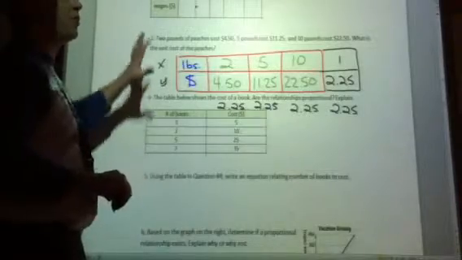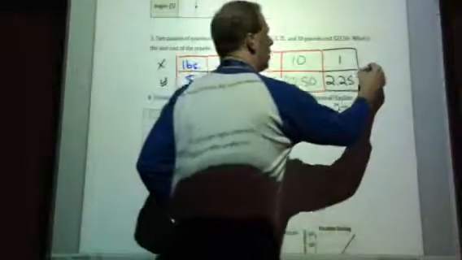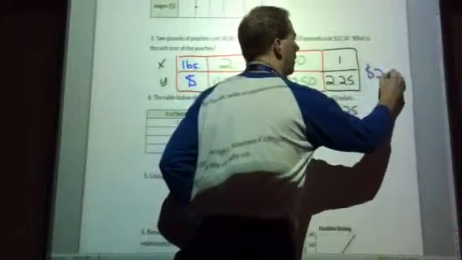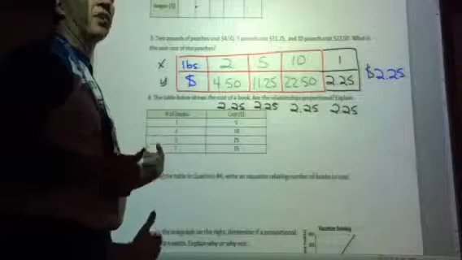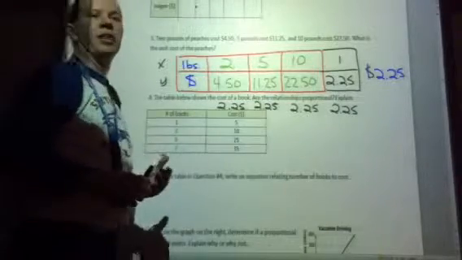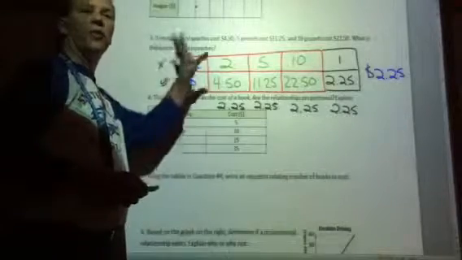So as an answer somewhere up here, if you want to extend your chart and put your answer like that, that's fine. Or off to the side, you can write this as $2.25 is the cost of 1 pound of peaches. That's 1 unit. That takes care of our first 3 problems.